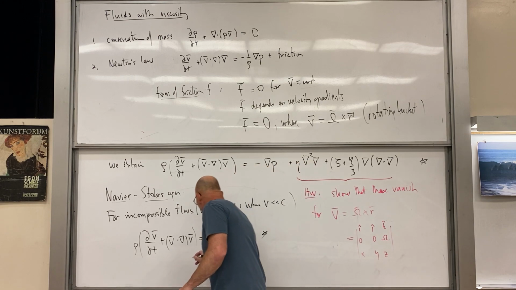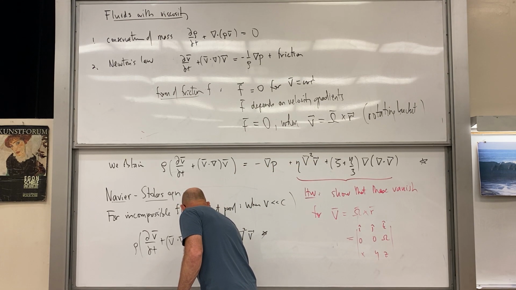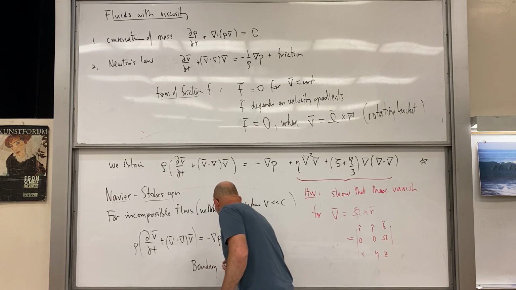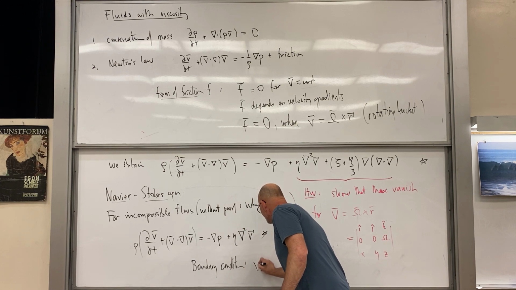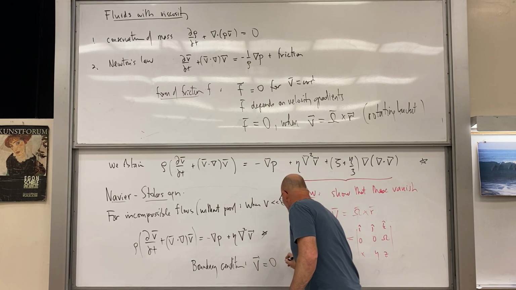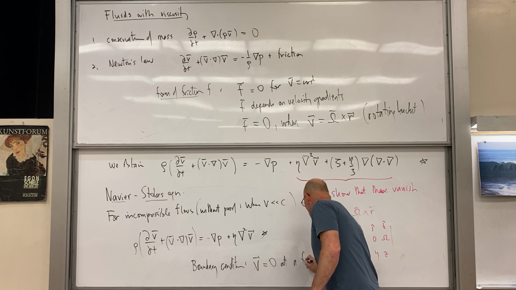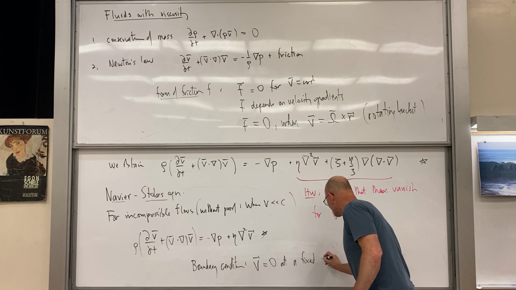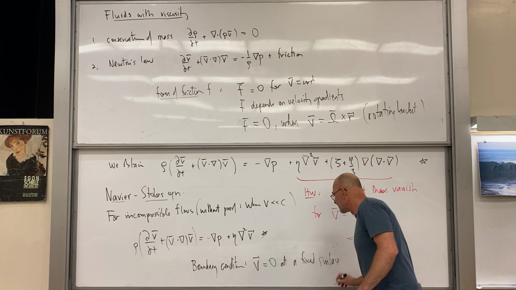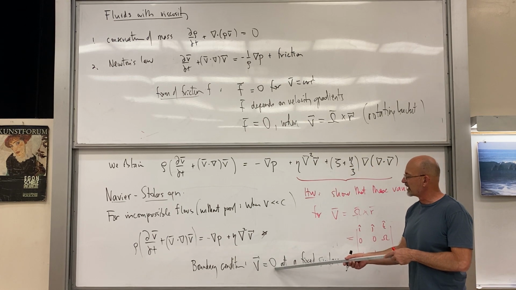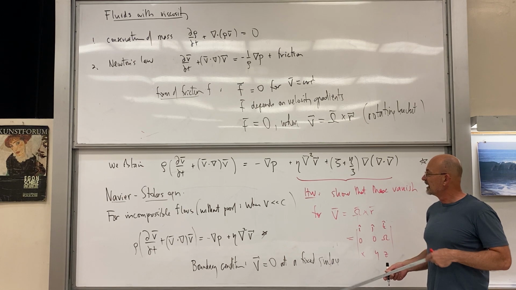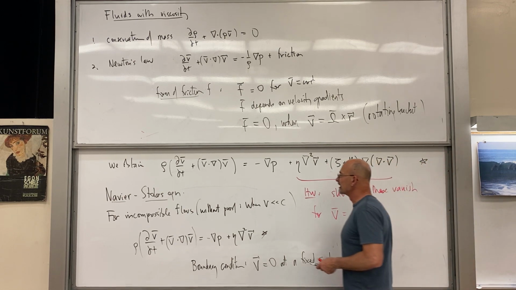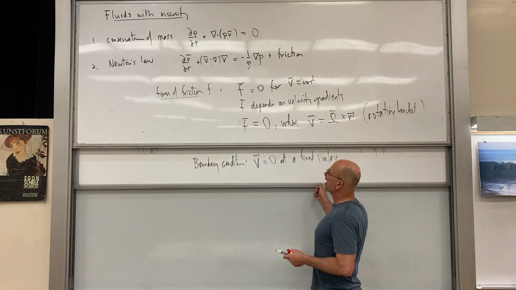So boundary condition, utterly crucial here. Boundary condition, V equals 0 at a fixed surface. Very crucial. That's what makes this thing. And yeah, there are plenty of general things to say that I don't want to leave unsaid.